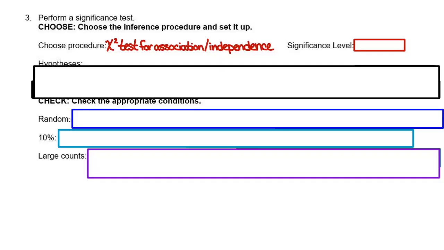We want to know, is there a relationship? Is there an association? For significance level, let's use 0.05.